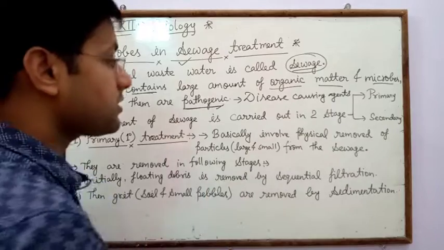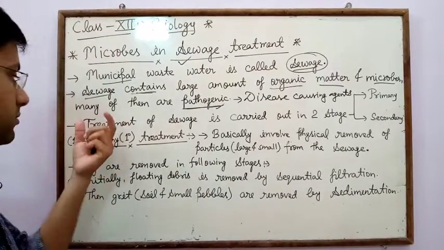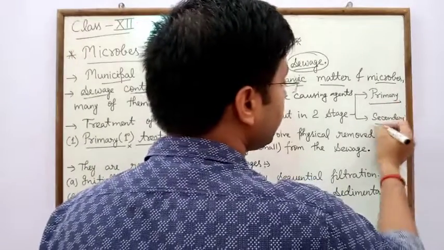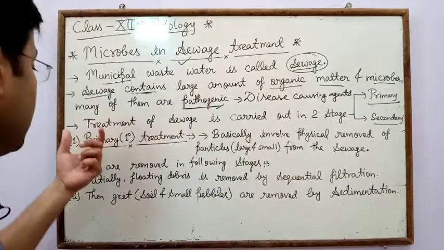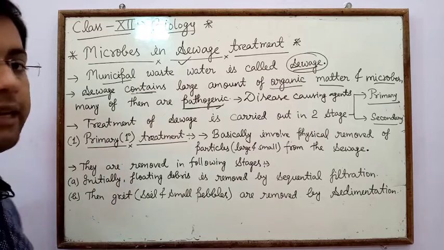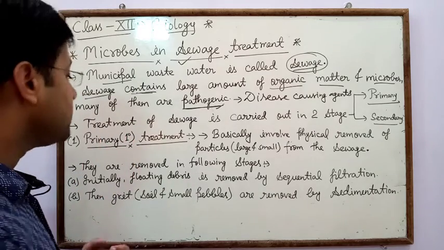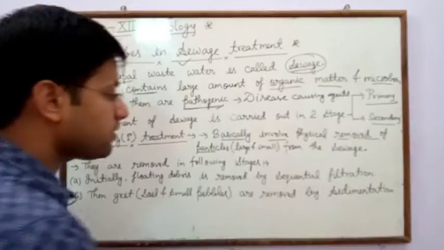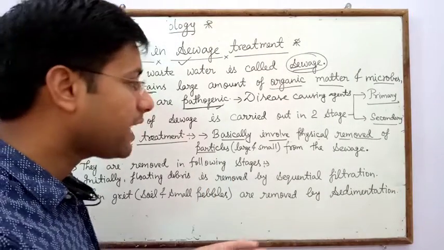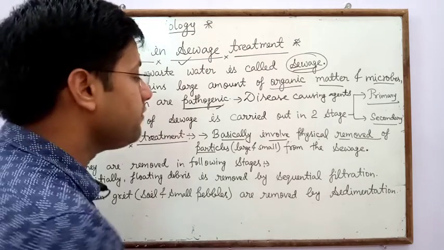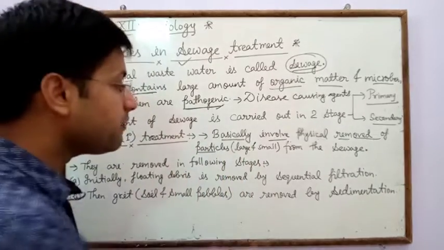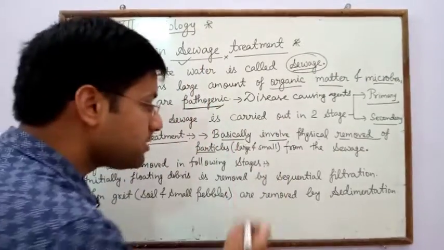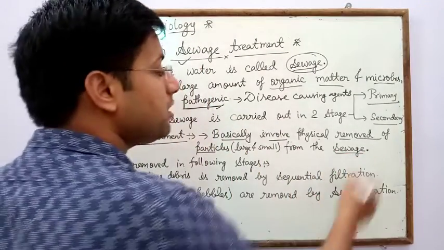Treatment of sewage is carried out in two stages, that is primary treatment and secondary treatment. Primary treatment basically involves physical removal of particles, large and small, from the sewage.